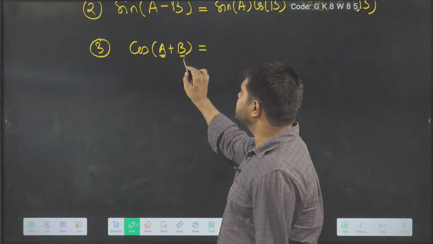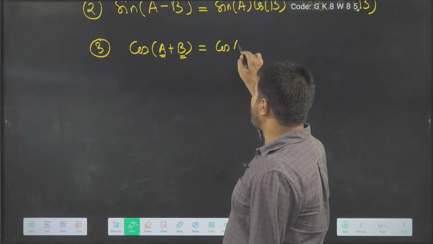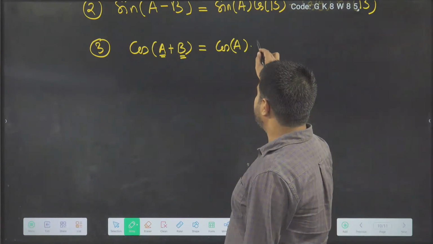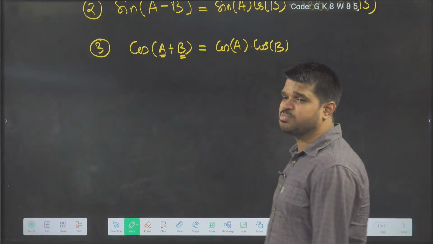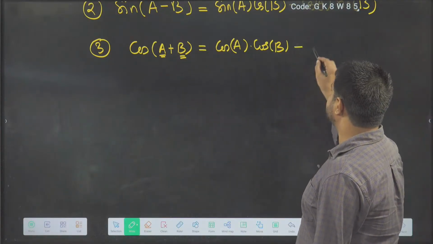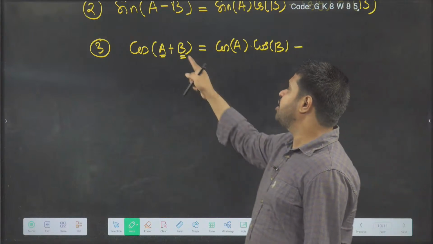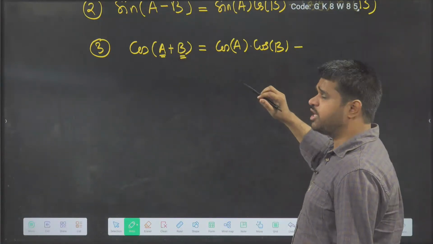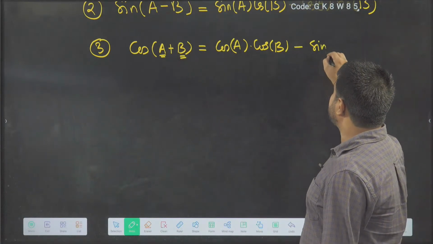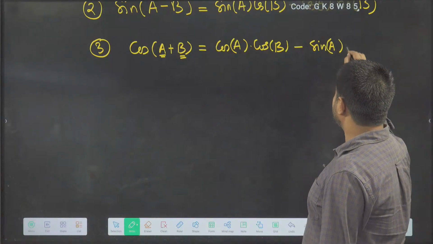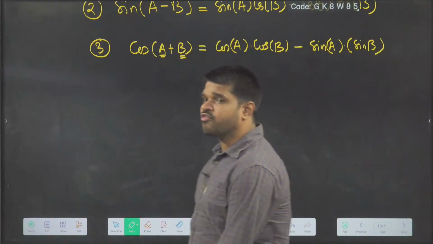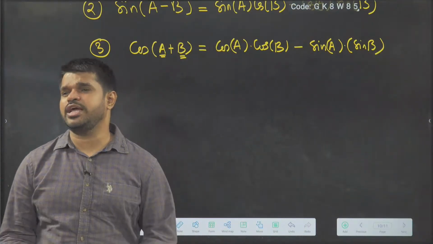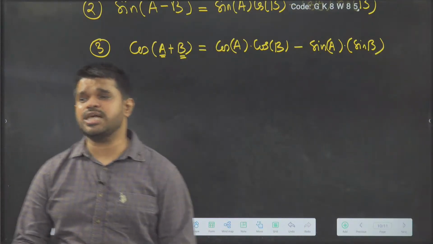The formula of cos A plus B is cos A into cos B minus. Remember, when you are using plus, what comes here? Minus. Sine A into sine B. So the formula of cos A plus B is cos A cos B minus sine A into sine B.